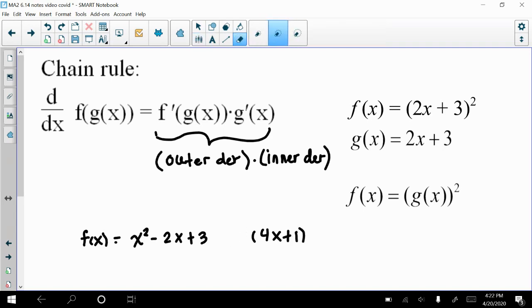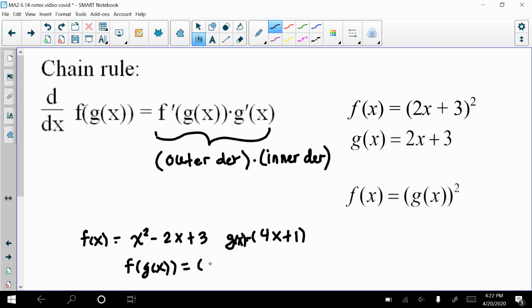And if we found the composition of the functions, where we would say plug in g of x into f of x, then all the x's in the f would get replaced with the g function. So instead of x squared, I would replace the x with 4x plus 1, and that's what's squared.